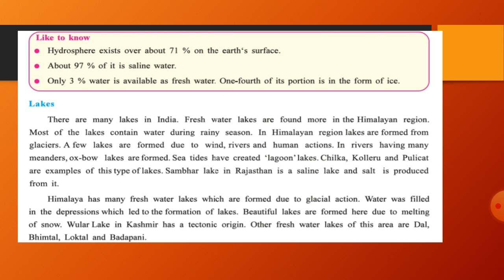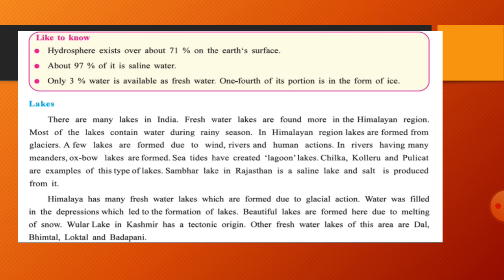Sambar Lake in Rajasthan is a saline lake, so salt is produced from it. The Himalayas have many freshwater lakes formed due to glacial action, where water filled the depressions, leading to the formation of lakes.